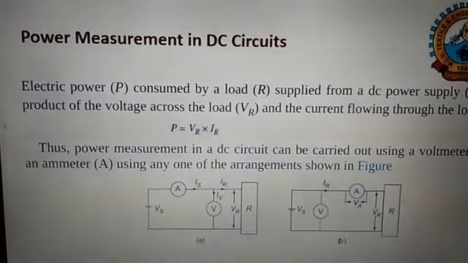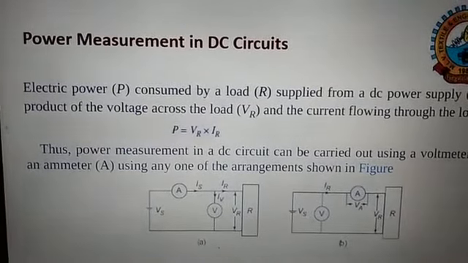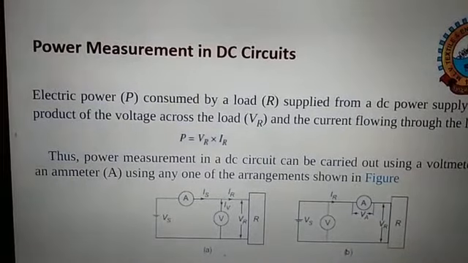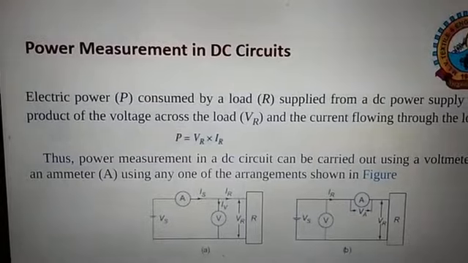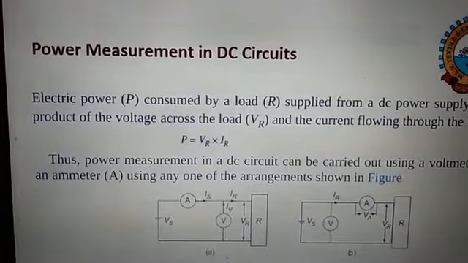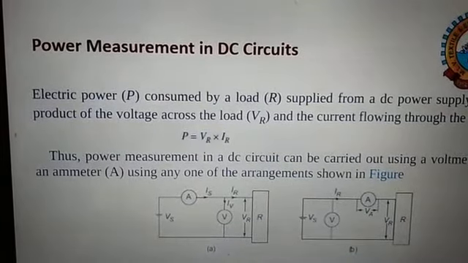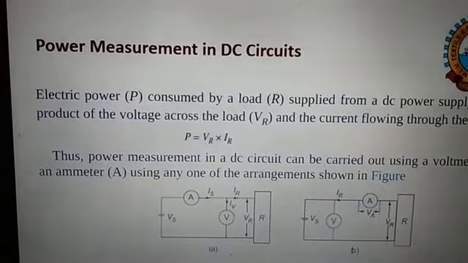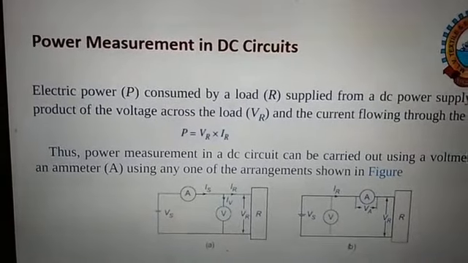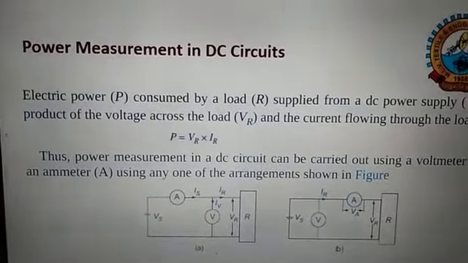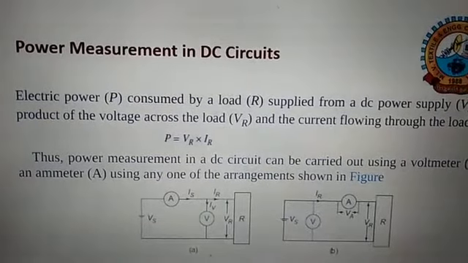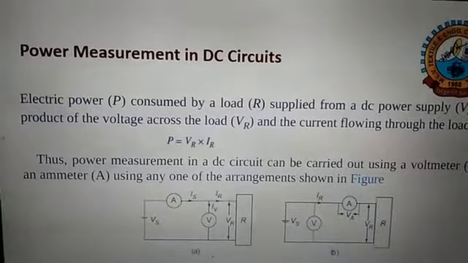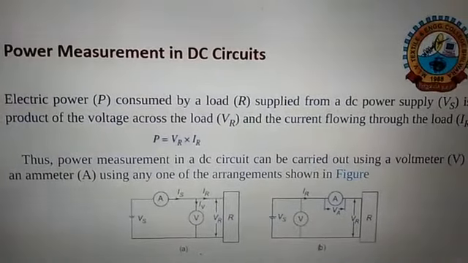In this diagram there are two arrangements for power measurement in DC circuits. In both diagrams, A is for ammeter, which is a current measuring device, V is the voltmeter, which is a voltage measuring device, and R indicates the resistive load.